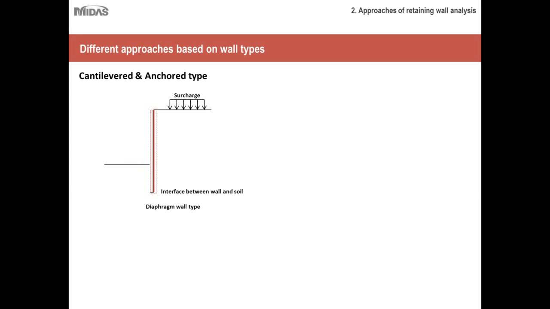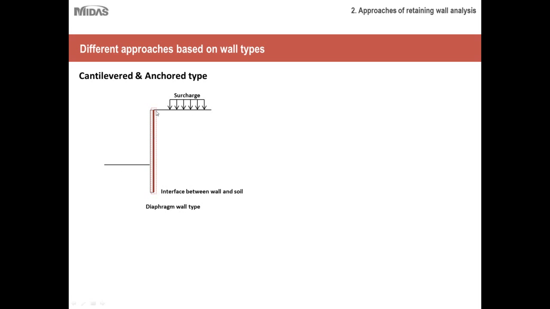Then let's see how we design cantilever walls or anchored walls. So as we know, a cantilever wall is just a simple cantilever standing here. You have earth on both sides, and you have some surcharge.